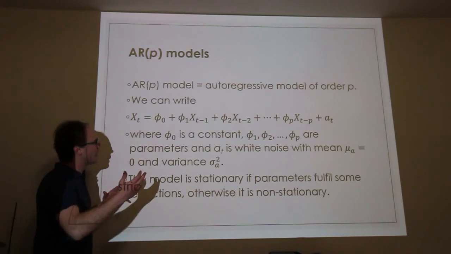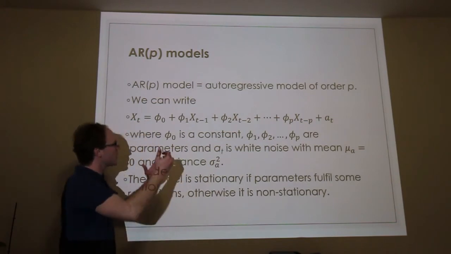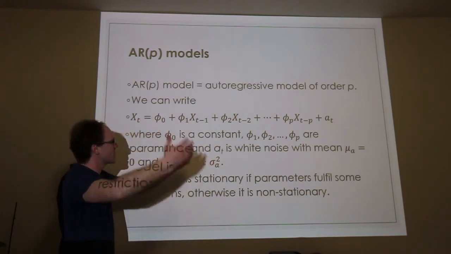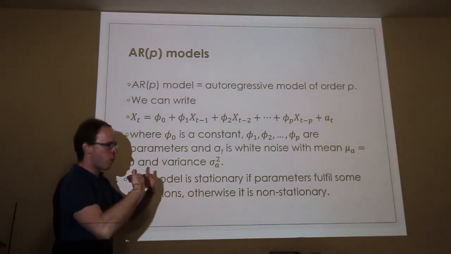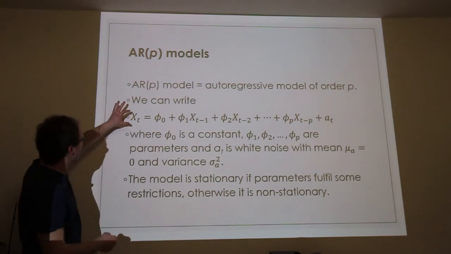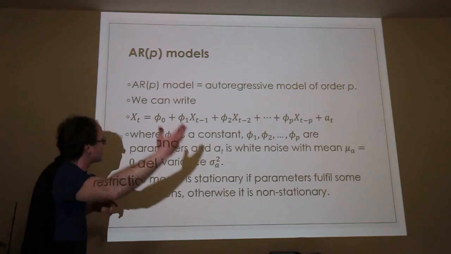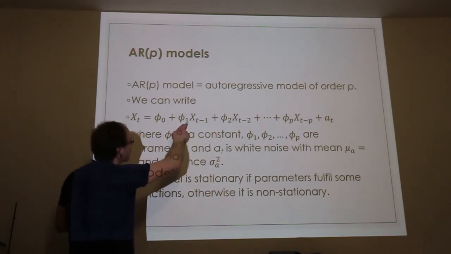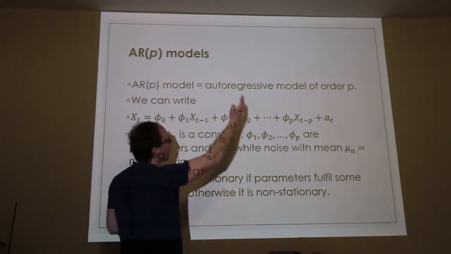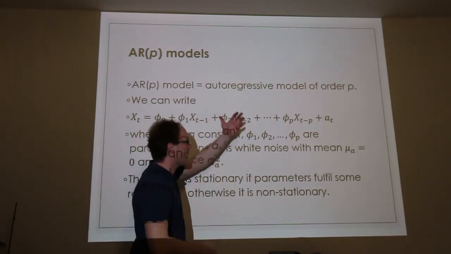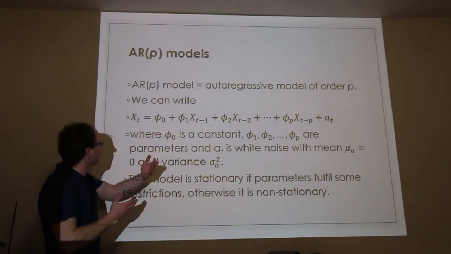So we have more options to take dependence from my previous values. So the value x in time t can depend on the value x in time t minus 1, and of course t minus 2 and t minus 3, etc. So the structure can be more complicated.